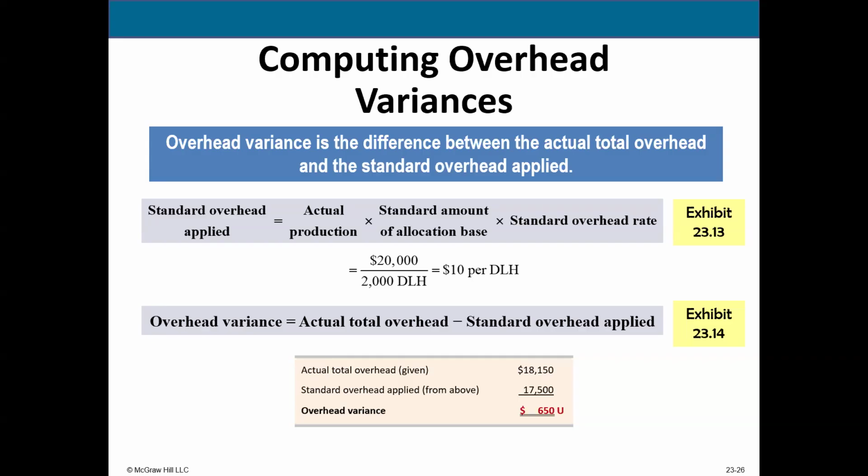So the overhead variance, of course, is the difference between the actual overhead and the standard applied overhead. The standard applied overhead we calculate by taking the actual production times the standard amount of allocation base, and we multiply that by the standard overhead rate.